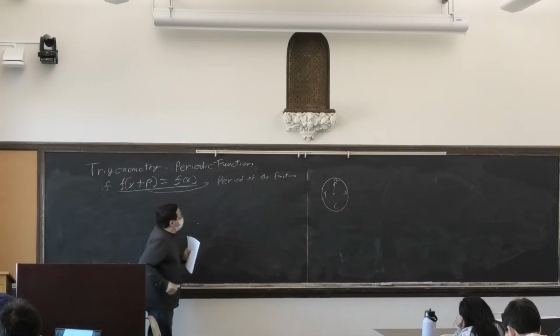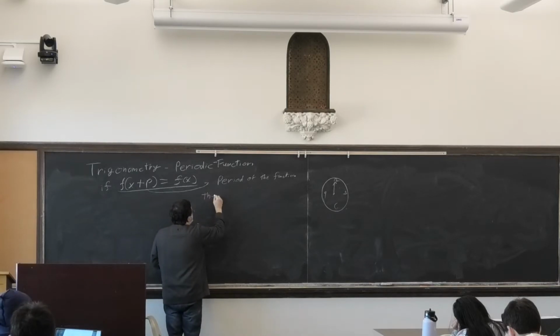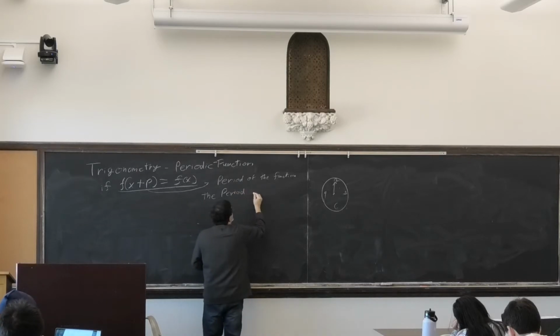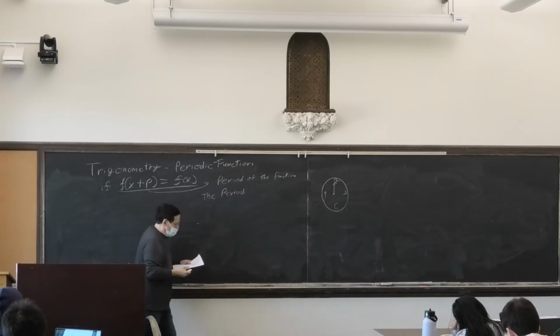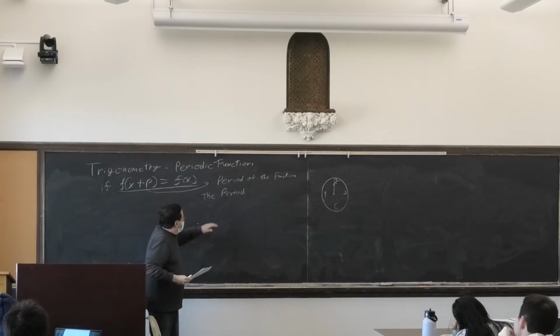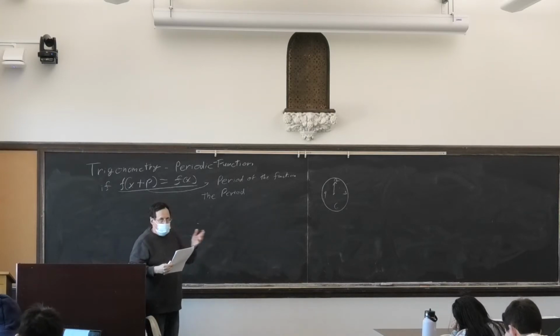And I forget how our text refers to it, but if you take the smallest p, that's the period of the function. Whenever you have a p, you can always multiply it by a factor and you still get another period.